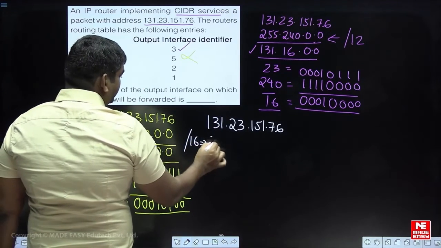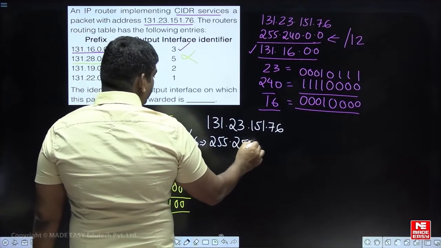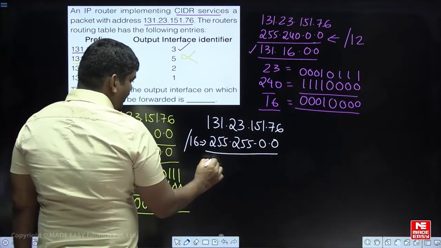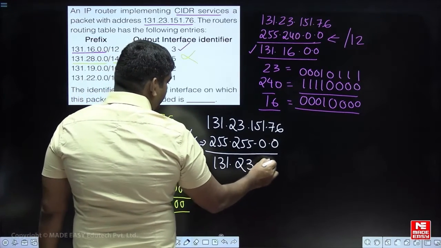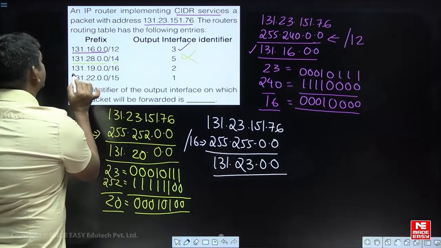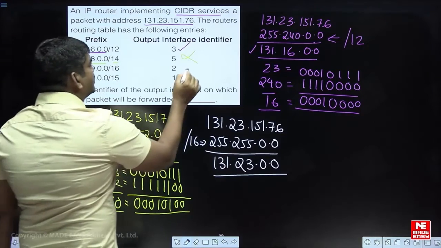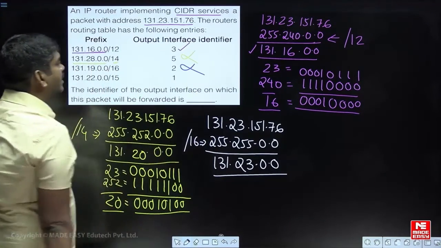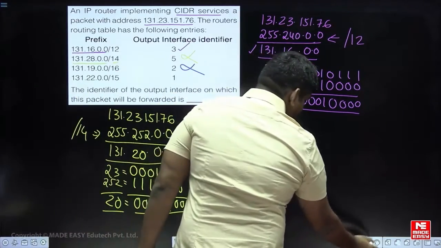So /16 I can write as 255.255.0.0. If I perform bitwise AND, the value is 131.23.0.0. But here you can observe that it is 19.0.0. It is mismatching. This gives an idea that this interface also should not be forwarded.